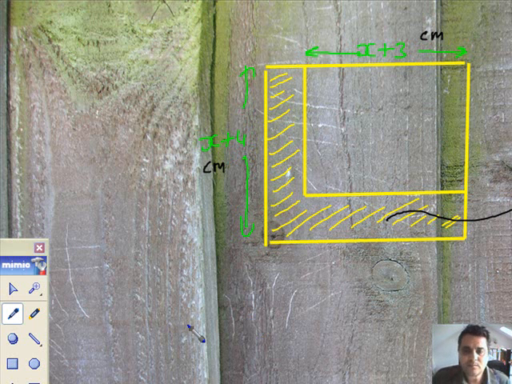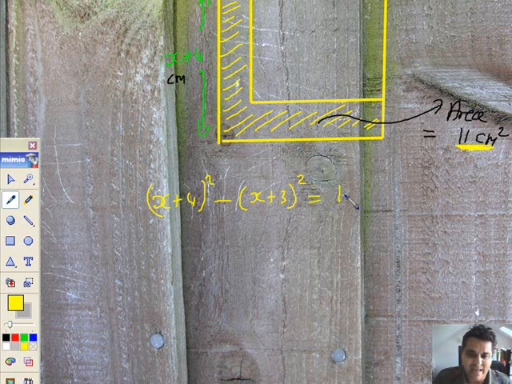So what do we have? Big square, which is x plus 4 squared. Remember, x plus 4 multiplied by x plus 4. We're going to take away the x plus 3. Remember, it's a square because it's x plus 3 multiplied by x plus 3. And this will come to 11. Now, don't be fooled by this.